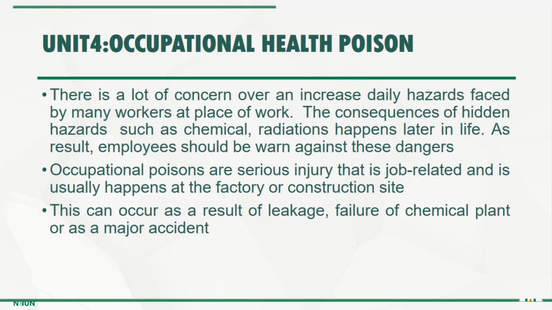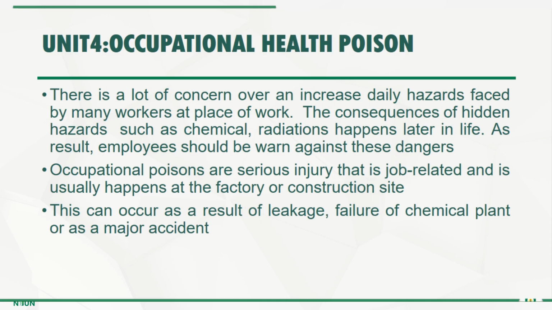Unit 4. Occupational health poison. There is a lot of concern over the increased daily hazards faced by many workers at place of work. The consequences of hidden hazards such as chemical, radiations, happen later in life. As a result, employees should be warned against these dangers.